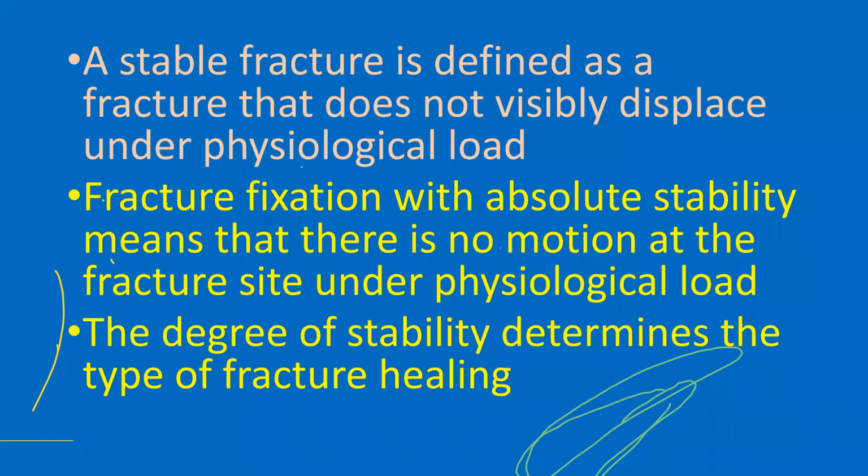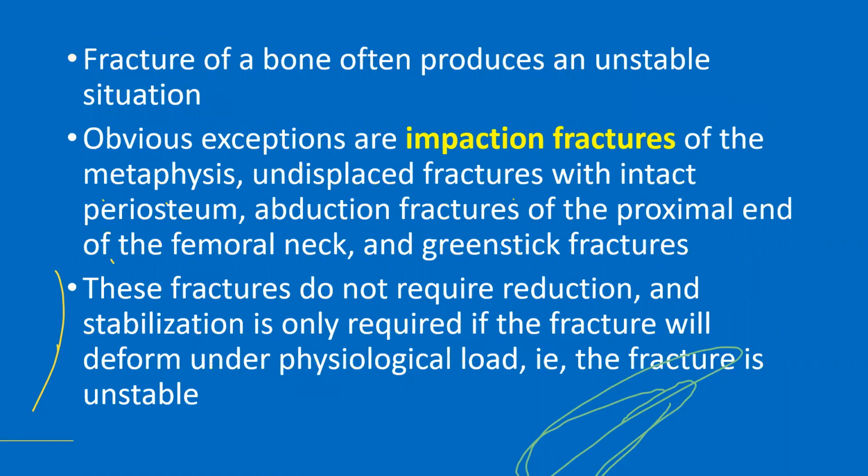A stable fracture is defined as a fracture that does not visibly displace under physiologic load. Fracture fixation with absolute stability means that there is no motion at the fracture site under physiological load. The degree of stability determines the type of fracture healing, as we mentioned. Fracture of a bone often produces an unstable situation.